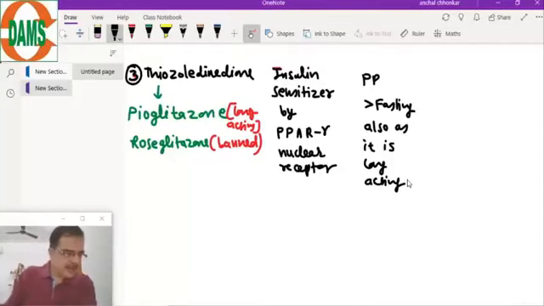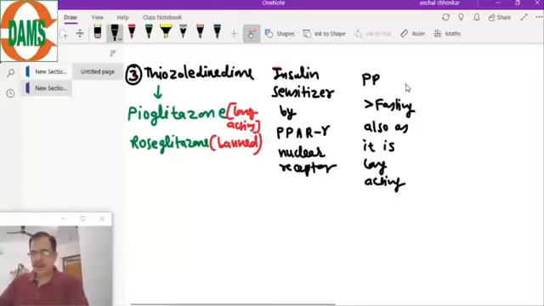It is a long acting drug. This will be pioglitazone.